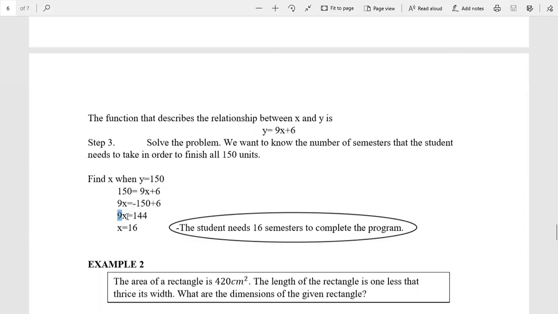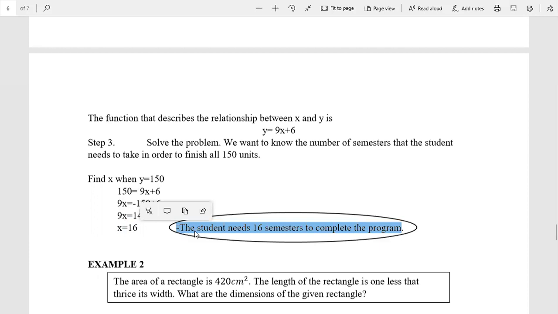Now panagdaan. So to cancel out 9, i-divide na to og 9. 9 divided by 9 is 1, so x, and 144 divided by 9 is 16. So the student needs 16 semesters to complete the program.